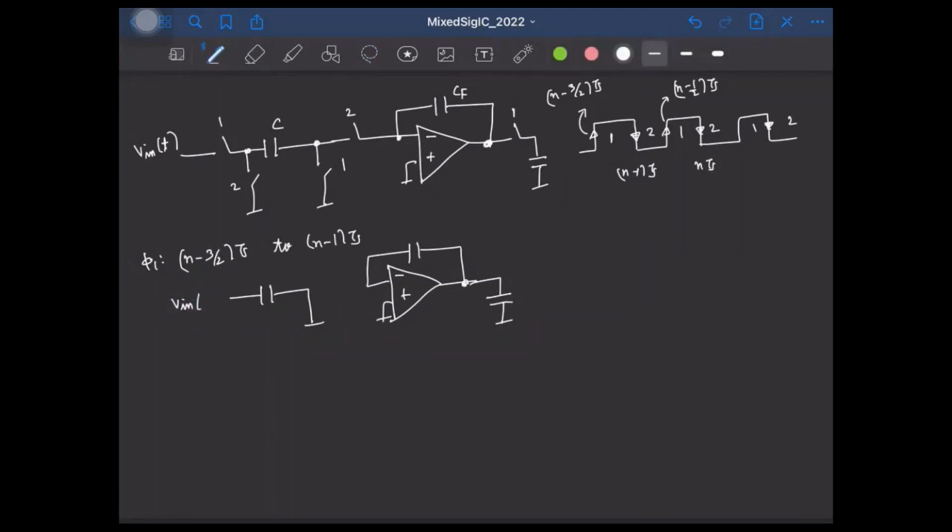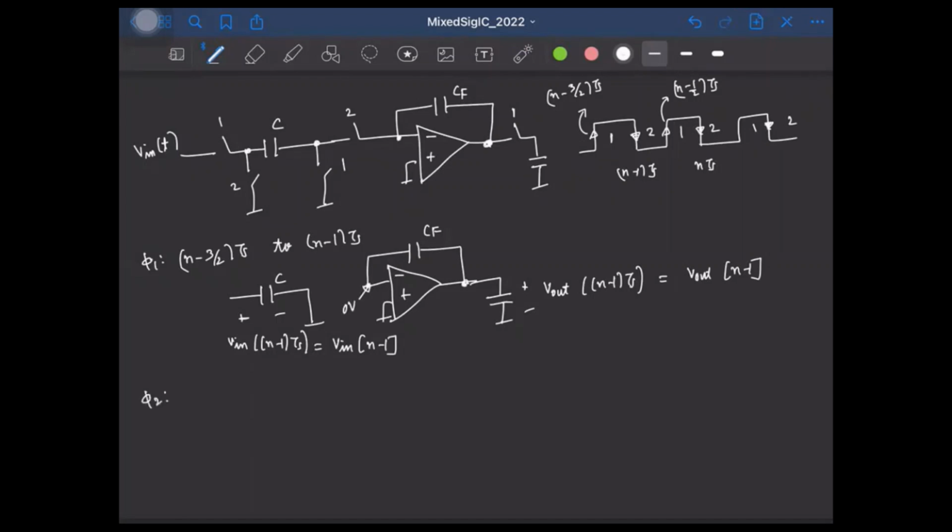At the end of the phase, this will be (n-1) times Ts, right? So the voltage across the capacitor here will be Vin of (n-1) times Ts. This is what we will call the discrete time Vin of n-1. Similarly, the output here will be Vout of (n-1) times Ts, and this is our discrete time sample Vout of n-1. Okay, and again due to virtual ground, this will be at 0 volt.